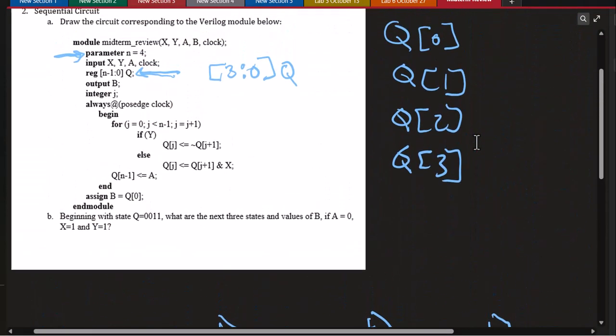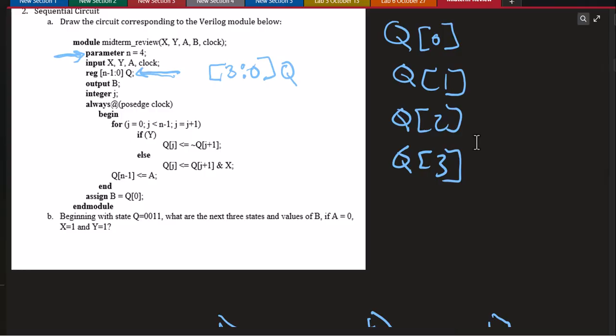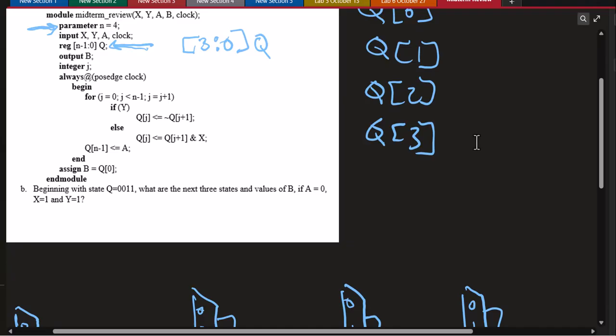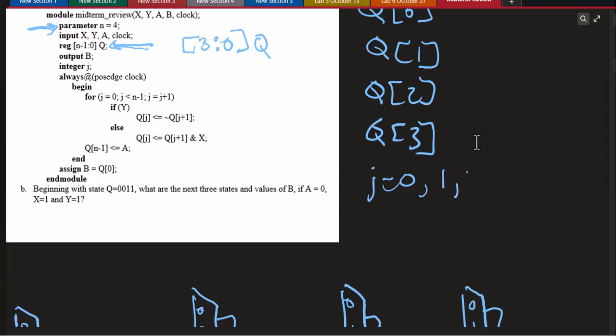So if we go back and look at our code, we have a for loop, and it's saying for j equals 0, j less than n minus 1, j equals j plus 1. So that means I'm going to start with j equal to 0, and then I'm going to do 1, and then I'm going to do 2, and that's where I'm going to stop, because j has to be less than n minus 1.